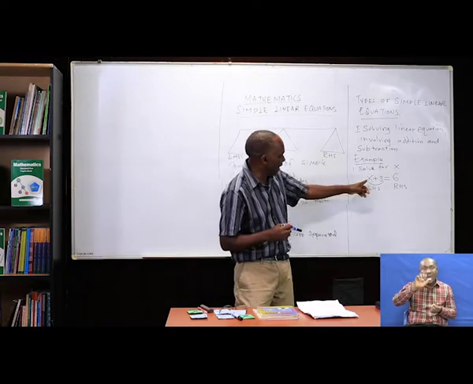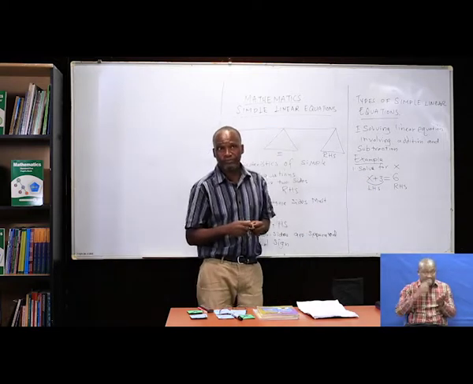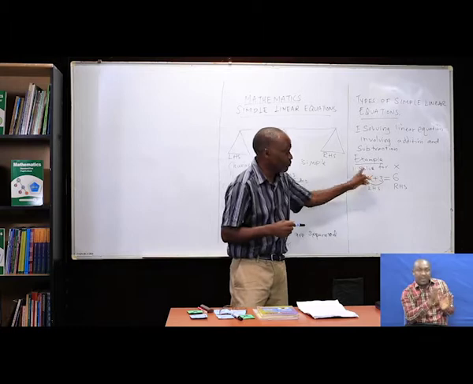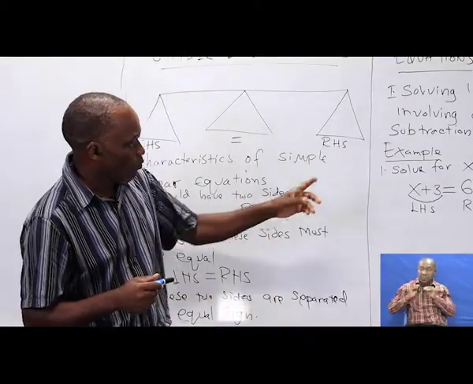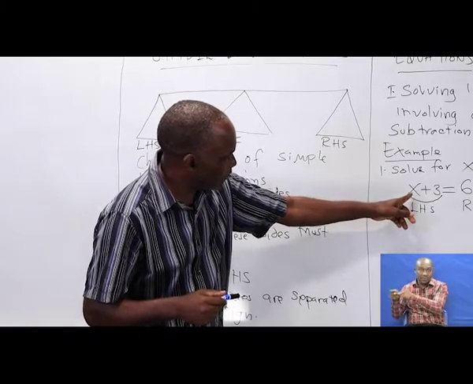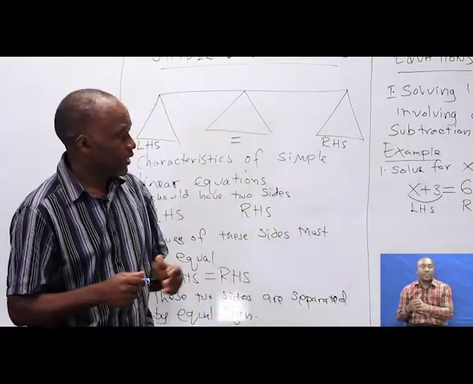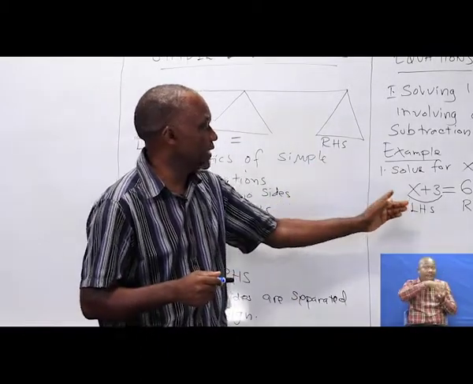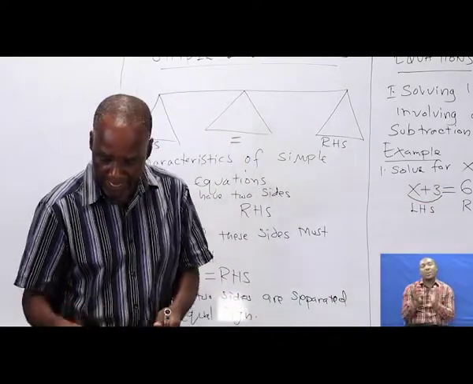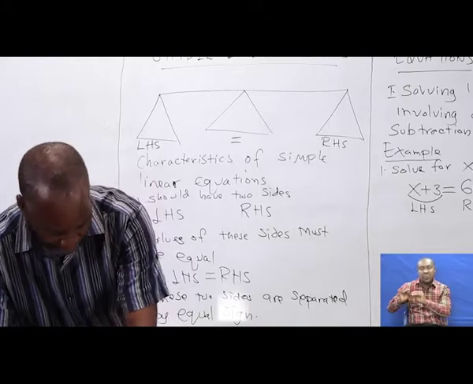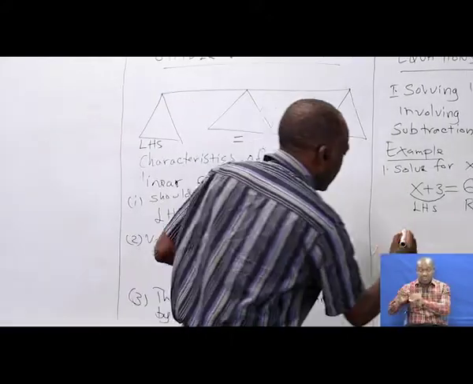It means this x should be alone, and this 3 should be shifted to another side. So when the variable x is alone, we are going to get the value of x. So let us solve this one.